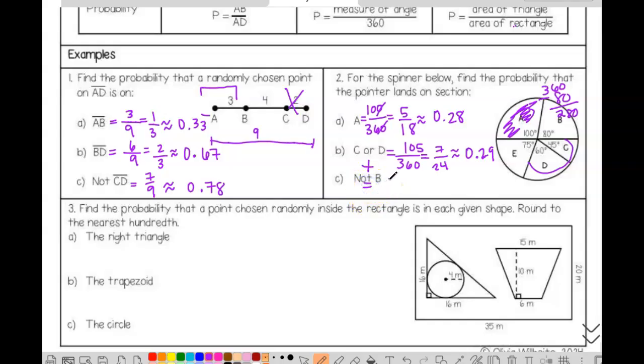So the chance of not landing on B is 280 out of 360. Cancel the zeros. What divides 28 and 36? The highest number, 4. Good job. 28 divided by 4 is 7. 36 divided by 4 is 9. And we already have the answer for 7 over 9. It's over here, so 0.78.